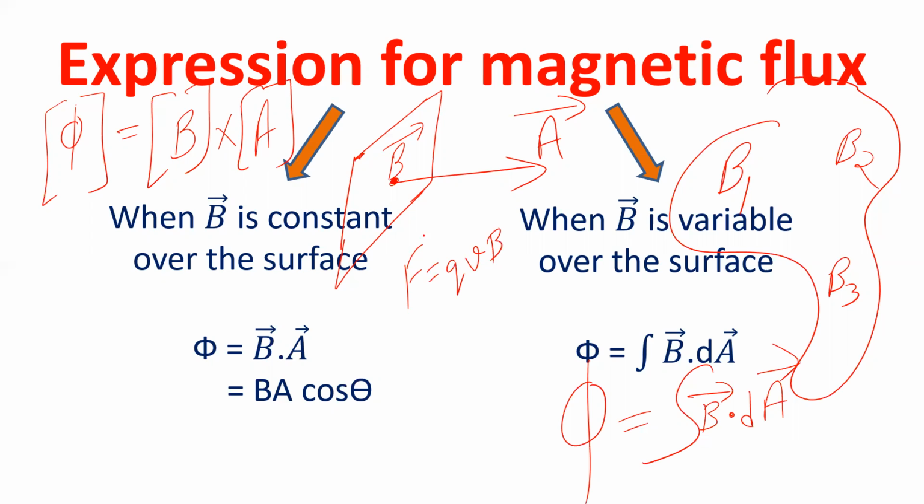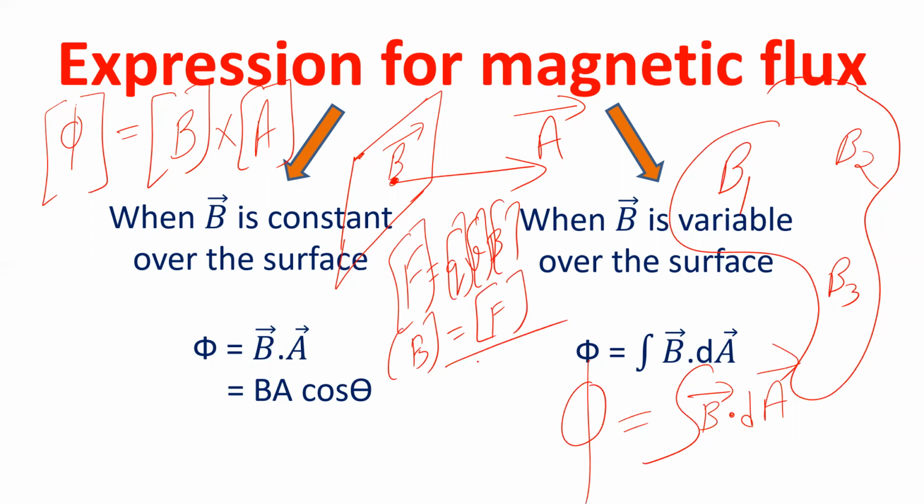So the dimension of B is the dimension of force divided by the dimensions of charge multiplied by velocity. Force is mass times acceleration, as you know, so mass is M and acceleration is meter per second square, so we can write it as M^1 L^1 T^-2.